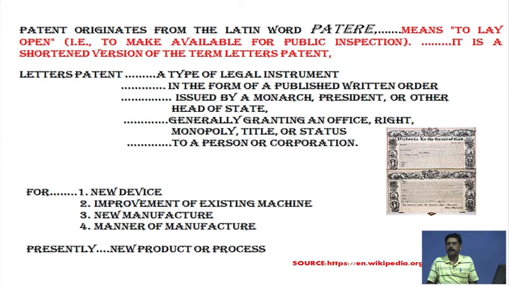A patent is a limited-period exclusive right provided by the state to the patentee, who has disclosed his invention. Sometimes we consider a patent a quid pro quo. What do you mean by quid pro quo? The state provides you some rights, and in return you disclose your invention to the public.